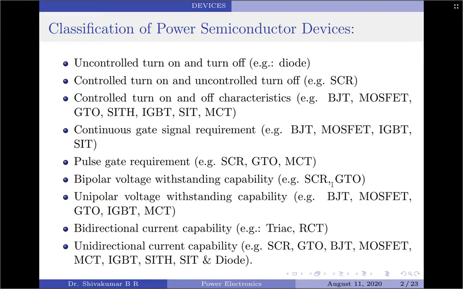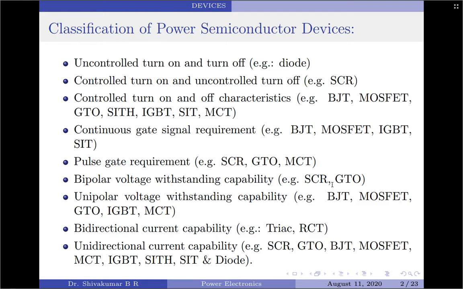We'll start with the most basic one, which is the uncontrolled turn on and turn off. An example for such a semiconductor device would be a simple diode. The reason it is called uncontrolled turn on and turn off is that the moment you provide a positive voltage at the anode and a negative voltage at the cathode, a diode is forward biased and starts to conduct.